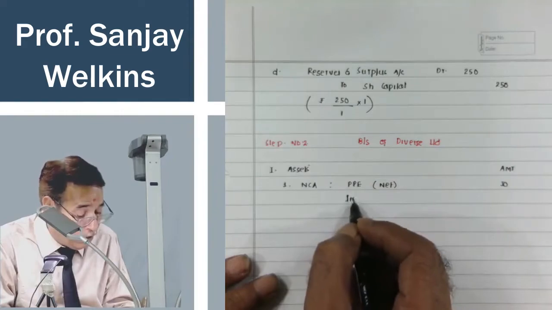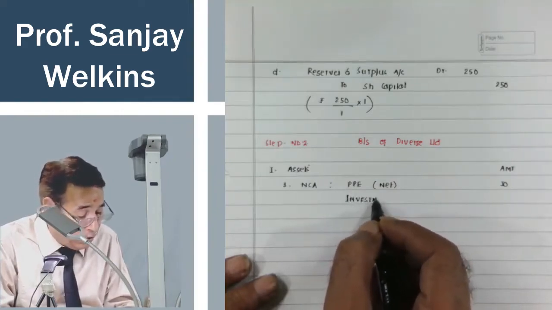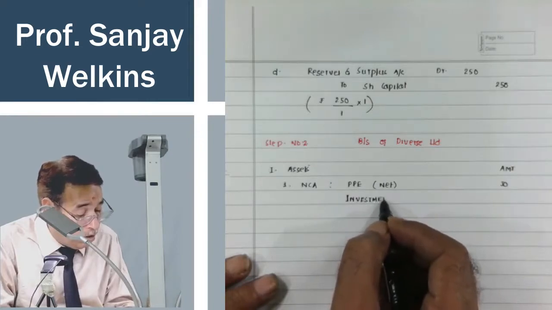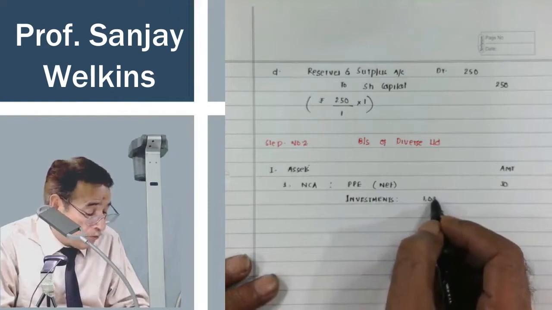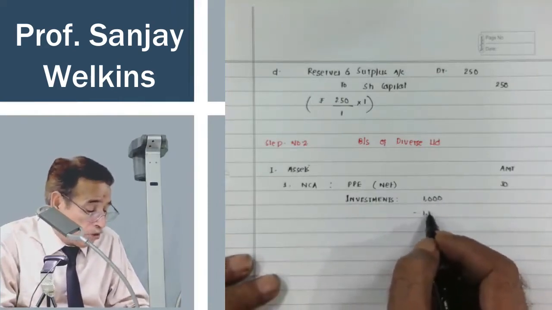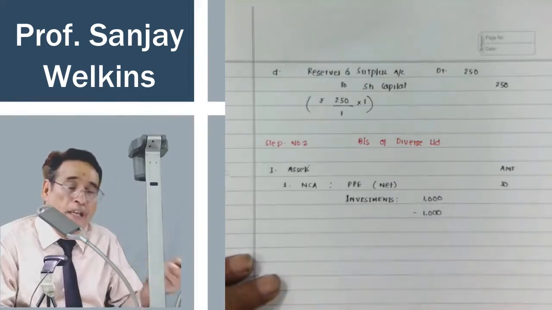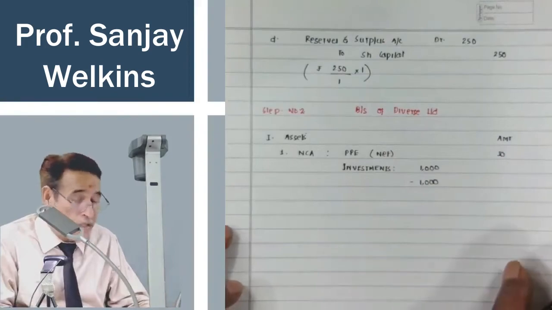in the form of financial asset. Now investment, pay attention. You had earlier 1000 worth of investment in the balance sheet, but that 1000 worth of investment has been taken over by whom? Taken over by Khajana Limited.